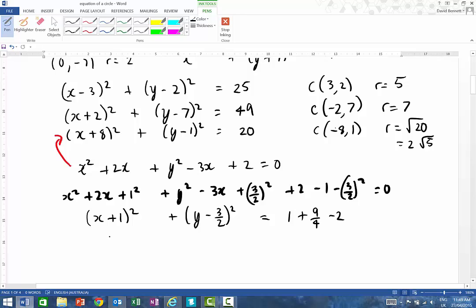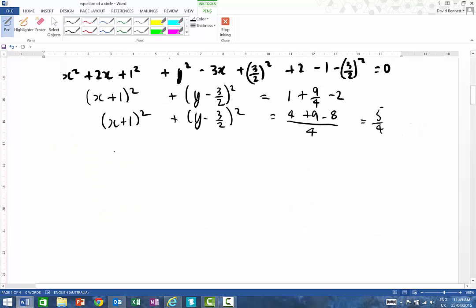So then I've now got my equation, which is (x + 1)² + (y − 3/2)², and that's equal to, now I'm going to make these all on 4, so that's 4 plus 9 take 8, so that's going to give me 13 take 8, which is 5, so that works out to be 5 on 4.